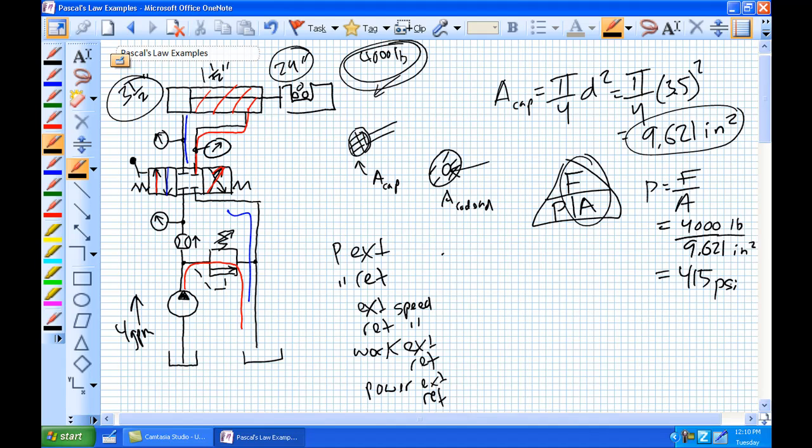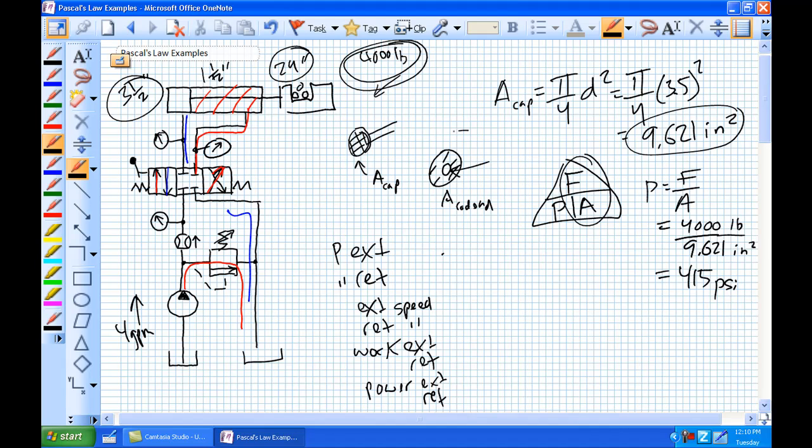It's going to stay at 415 psi while the load is extending until it reaches the limit of its travel, and then it becomes a confined space again that's not moving, and pressure will rise and rise until the pressure relief valve, in this case set at 900 psi, dumps.